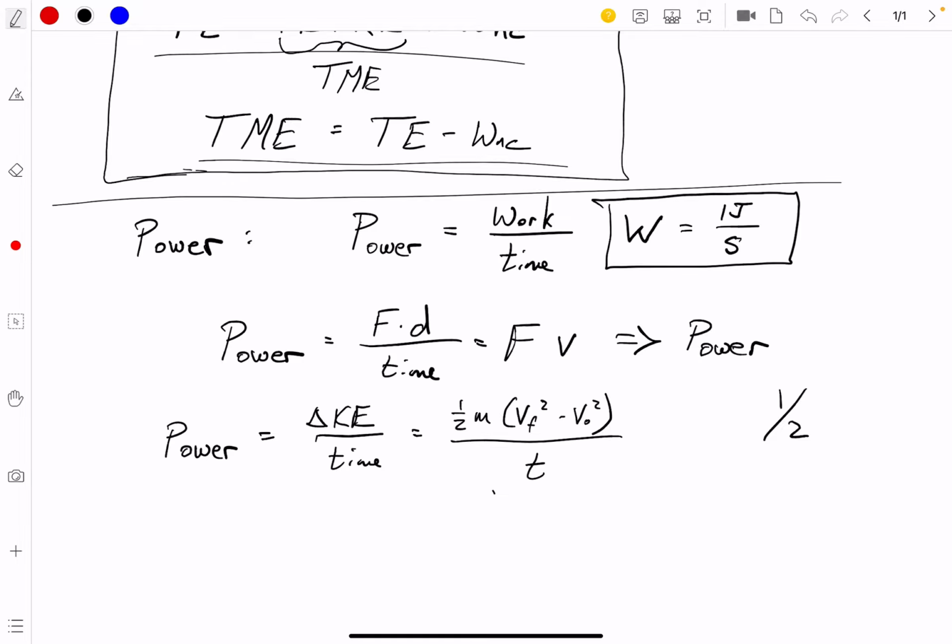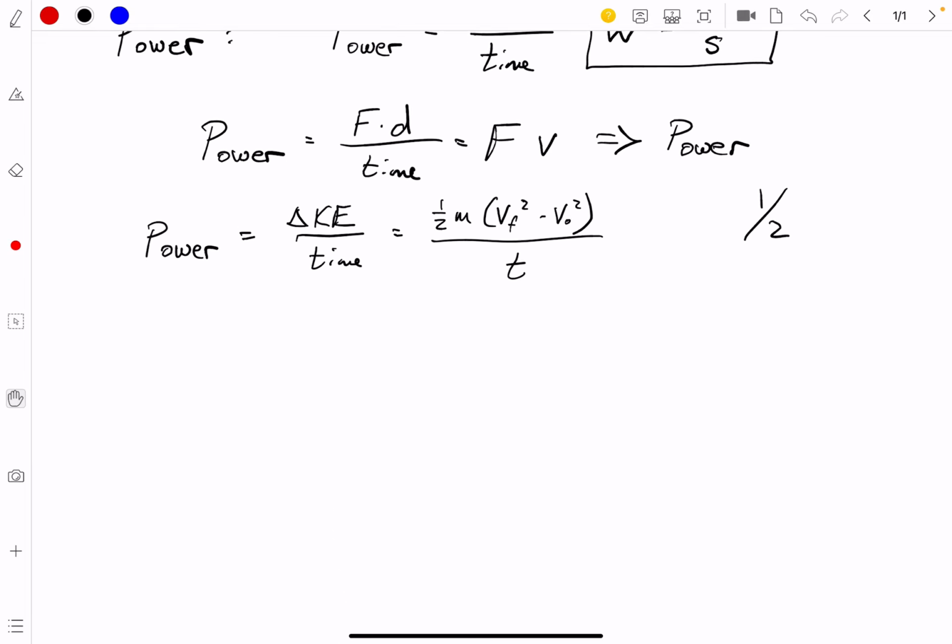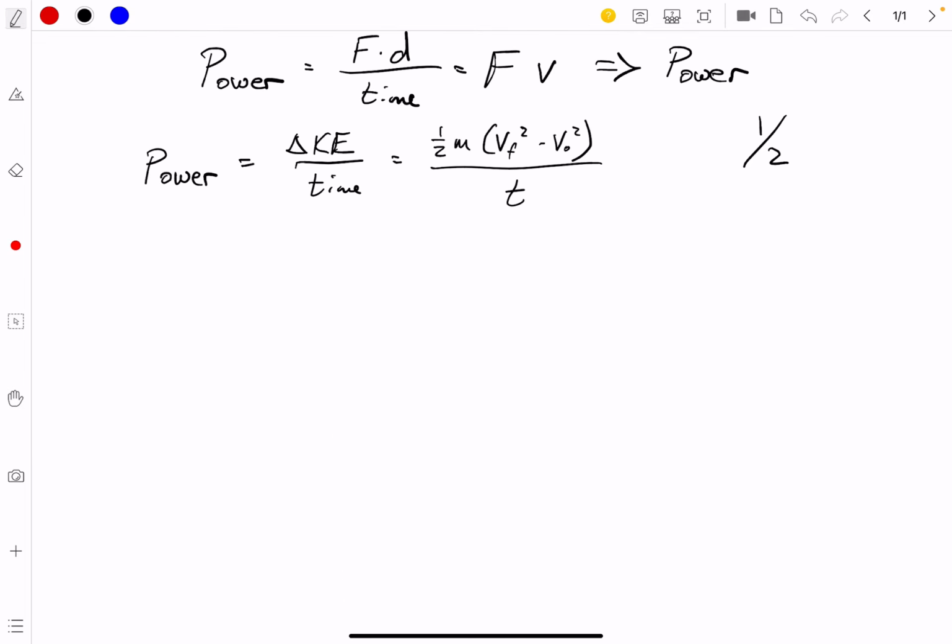All right, so what are we gonna do? Let's do our example here. So in the example, we've got a car. It's got an initial velocity of 0. It has an acceleration of 3 meters per second squared. And it does all of this for a time of 2 seconds. So this is our example.